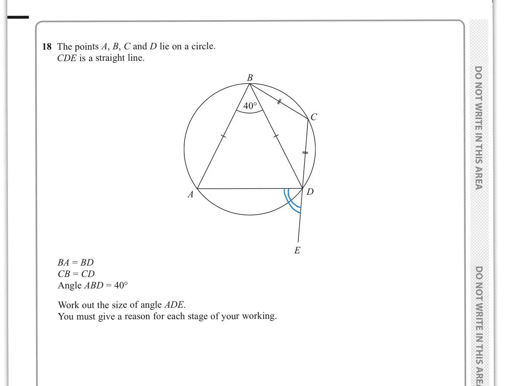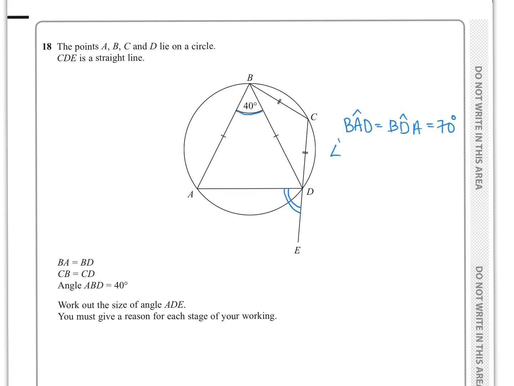So the first thing I would do is say that in triangle BAD, it's isosceles. So I'll write this up here. So angle BAD equals BDA, and they're going to be 70 degrees because we've already got 40 here and angles in a triangle add up to 180.